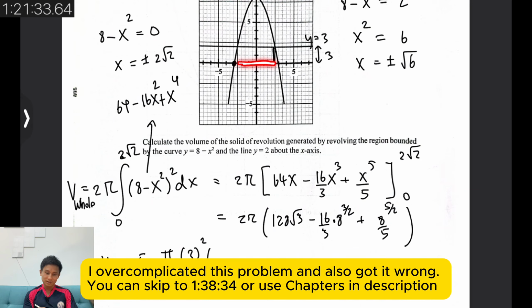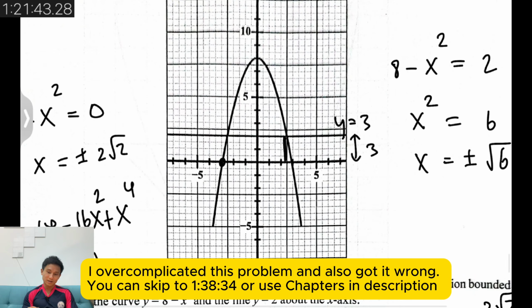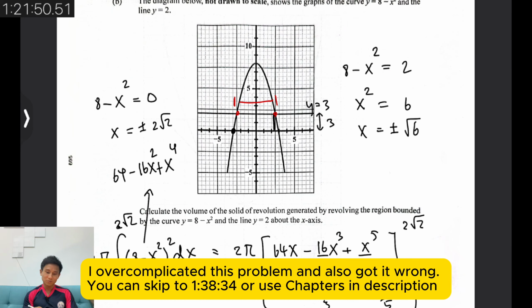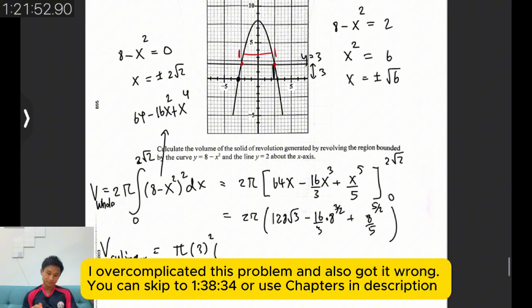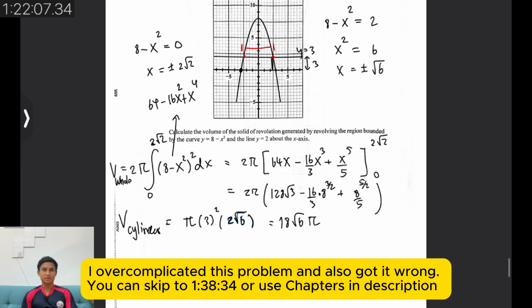Now we have to be careful here, because we only need that length for the cylinder. We already found it because they cut at plus or minus root 6, so the length of this to this will be 2 root 6. So that's going to be 18 root 6 pi. That's the volume of the cylinder.